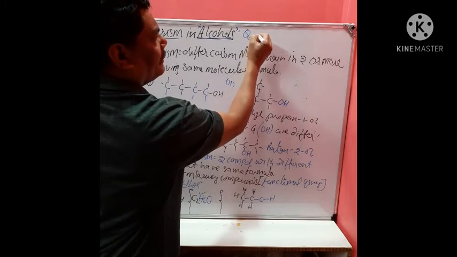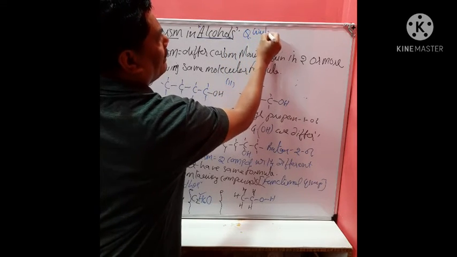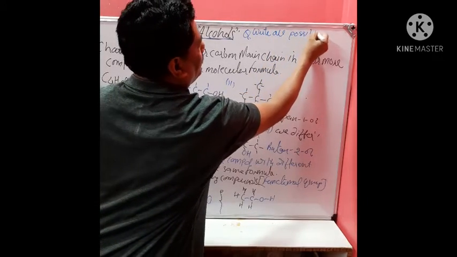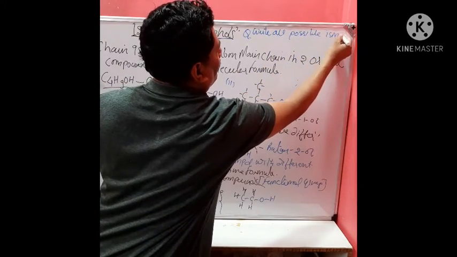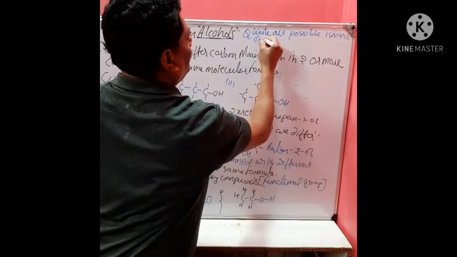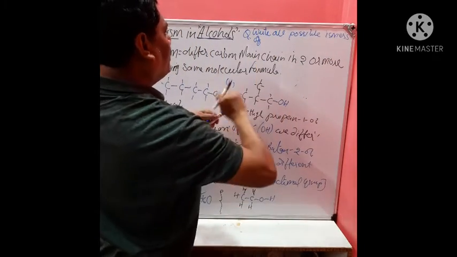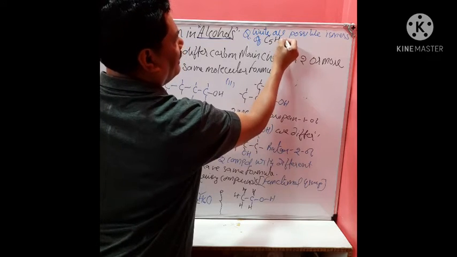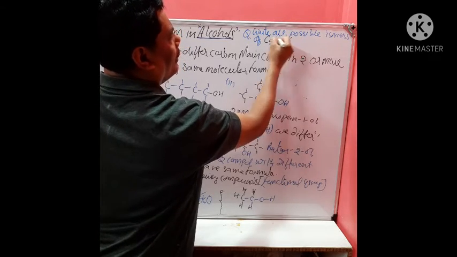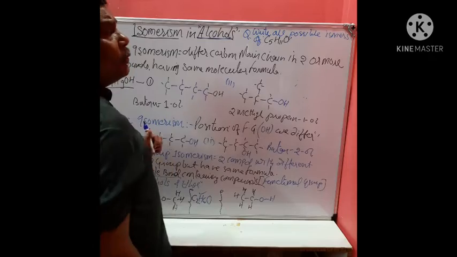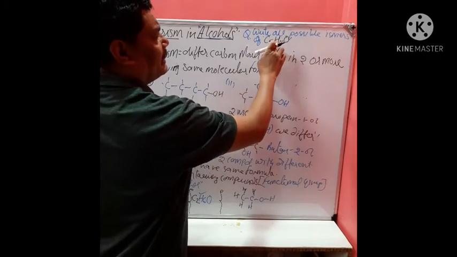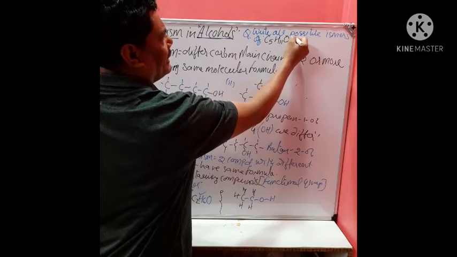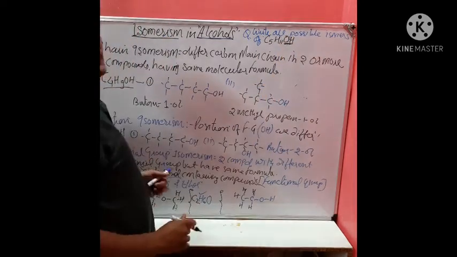Like question number 1. Write all possible isomers of C5H11OH.